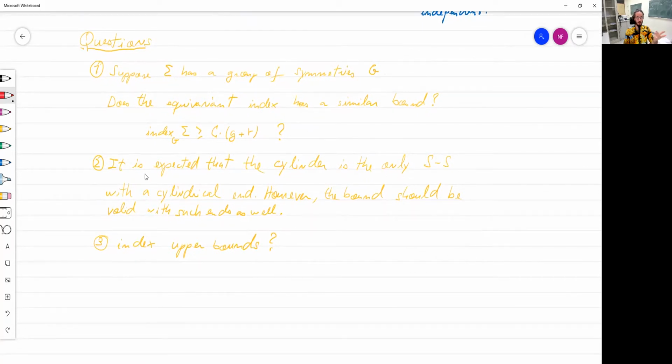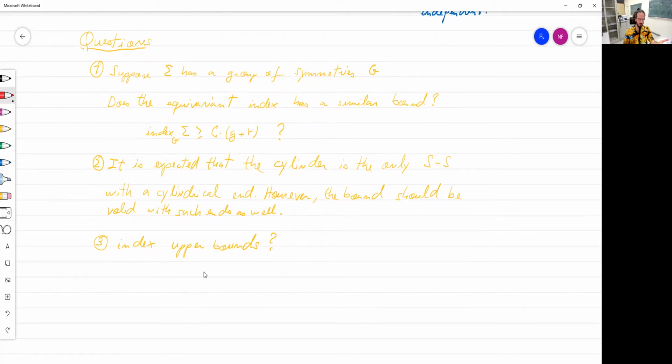Again, I mentioned this as well: it's expected that the cylinder is the only self-shrinker with cylindrical ends. But if you ignore the expectation, can you prove the same bound with conical ends? I imagine that it also works. It shouldn't be too difficult to work with cylindrical ends instead of conical ends.